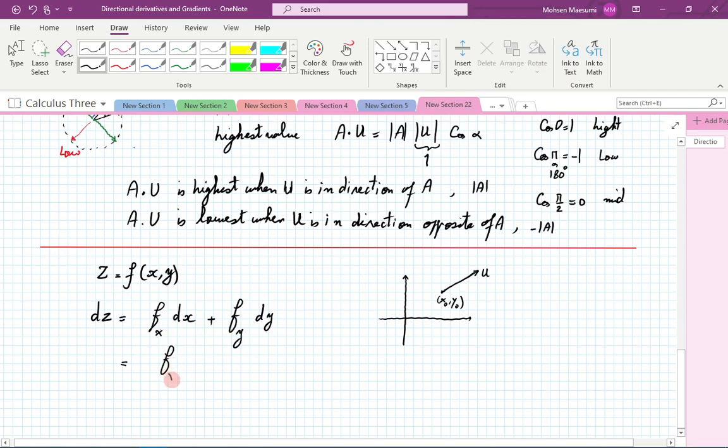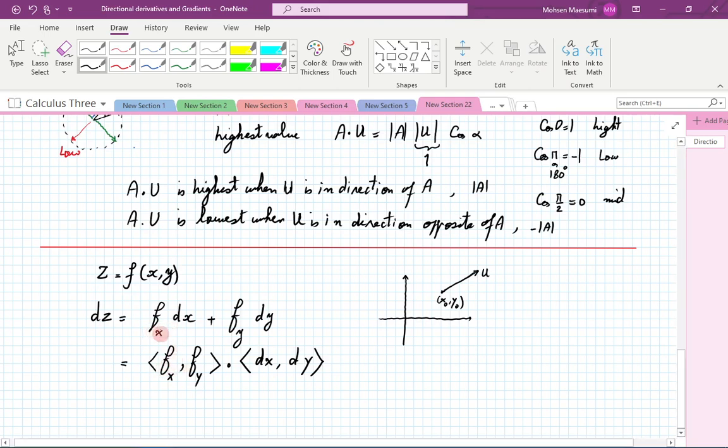This is really (fx, fy) as a vector, dotted with (dx, dy) as my displacement. We have seen this formula before; we've just given it a new angle and point of view.